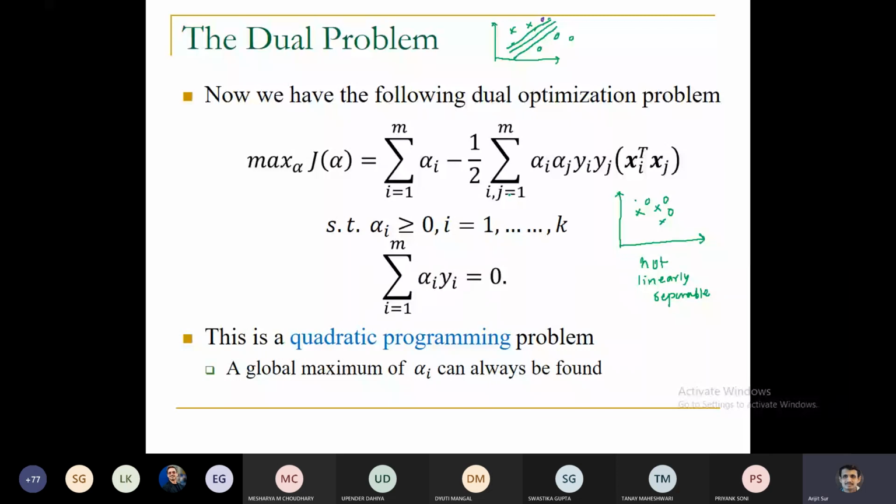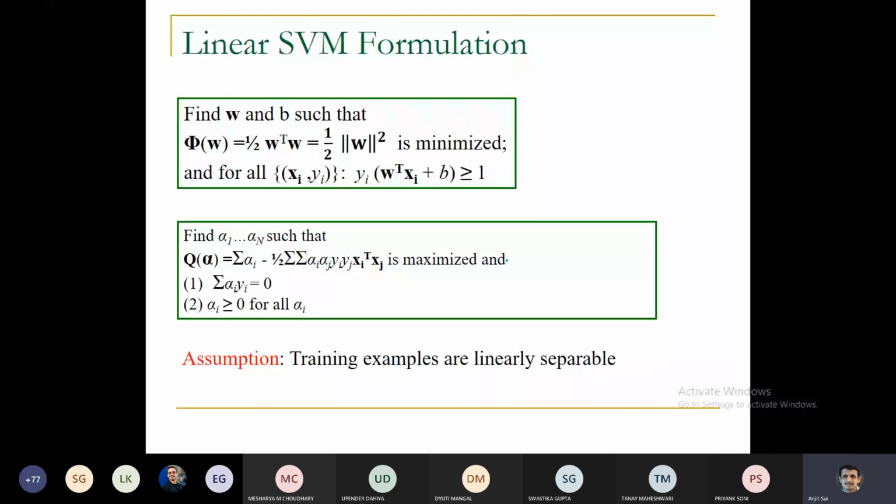Because this is a two-dimensional space, this is the only possible curved decision boundary. Okay, let's see. Now, what is the assumption of the linear formulation we described?